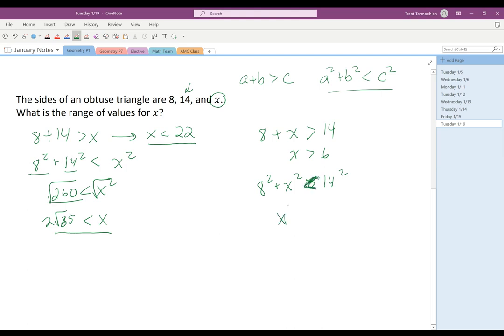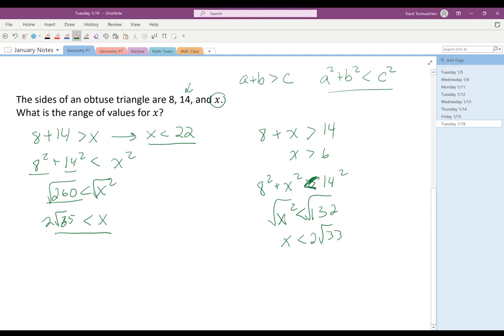And so that's going to give me x squared has to be less than 196 minus 64, which gives us 132. 4 does go into 132 33 times, so we can simplify that when we take the square root. So x has to be less than 2 square root of 33.